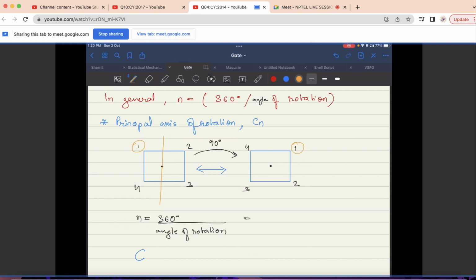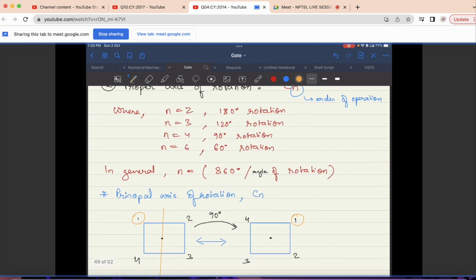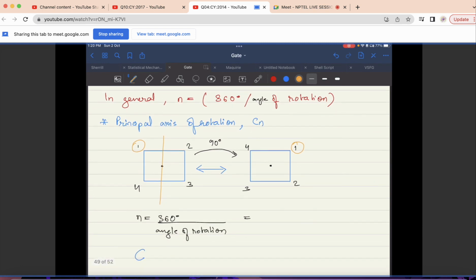I can do this 90-degree rotation up to 4 times and get the identity configuration after 4 rotations. So my n will be 360 divided by the angle of rotation, which is 90, so it will be 4. So this will be denoted as C4. This is my principal axis, or you can say the axis of rotation is C4 here.